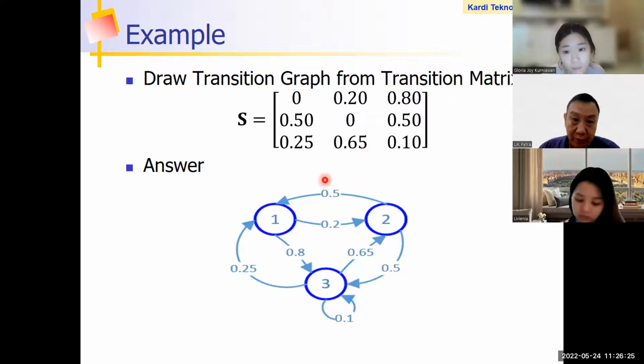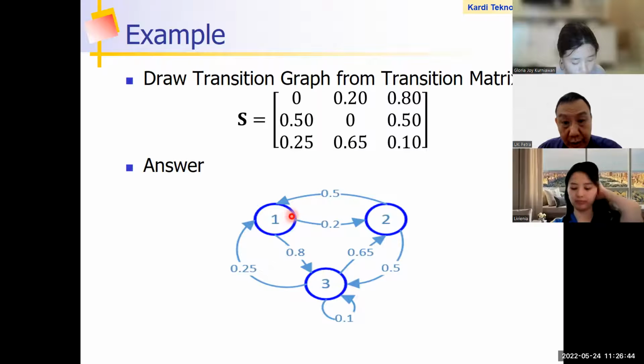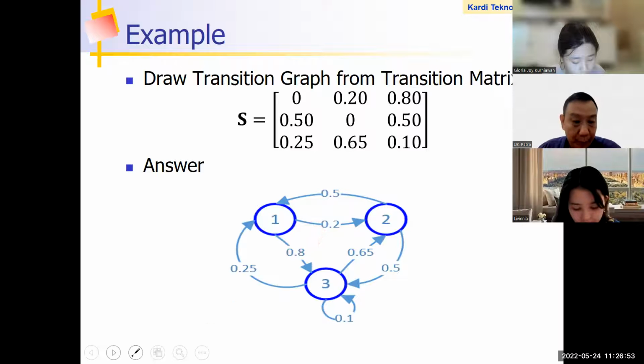So from the finite state graph you can also get the transition matrix, and from the transition matrix to the transition graph. And don't forget, the sum of all outflow probability is 1.